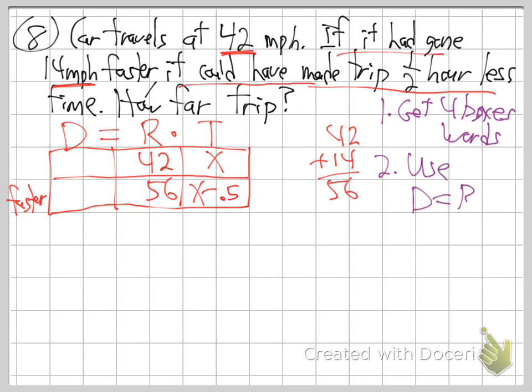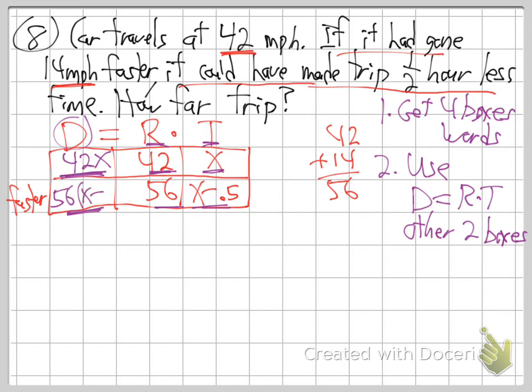Use D equals R times T for the other 2 boxes. Right? You don't use the words, you just use the formula. Distance is equal to rate multiplied by time. So this box here will be this box times that box, 42x. And this box here will be this times this, 56 times x minus 0.5.